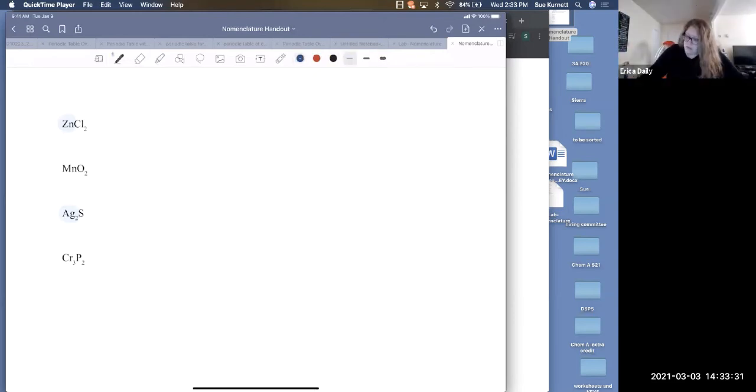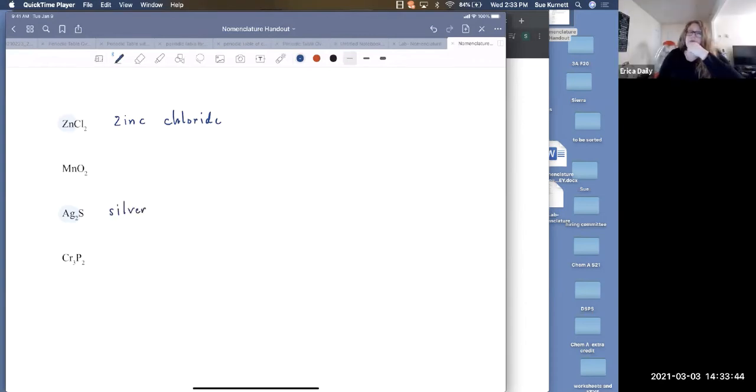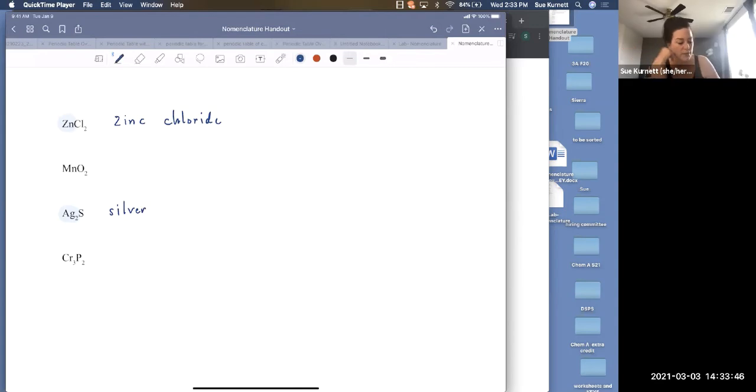So we don't say zinc 2 chloride because the only choice would be 2. We say zinc chloride. How about silver? +1. Because it only has one charge choice, we don't state it. We just say silver sulfide.